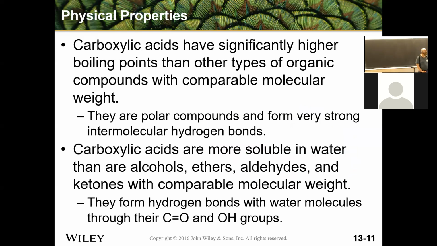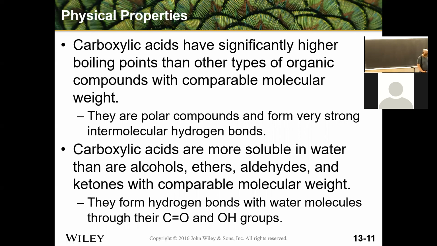And because of this ability to hydrogen bond, both by donating and accepting in two different parts of the molecule, carboxylic acids have a significantly higher boiling point than other organic compounds with comparable molecular weight. They're polar compounds.